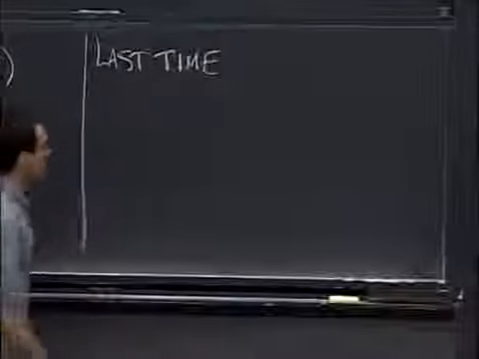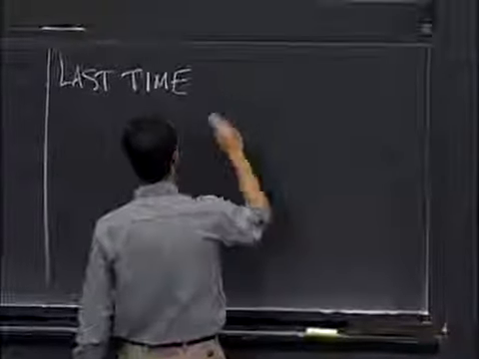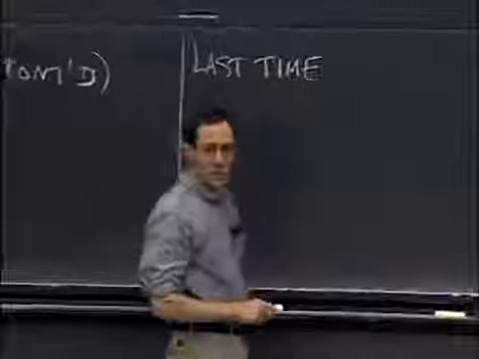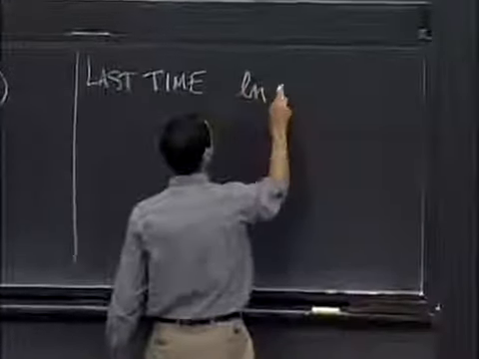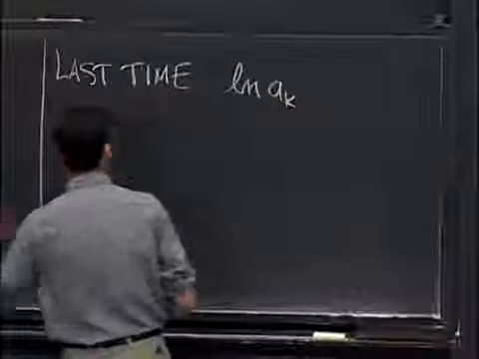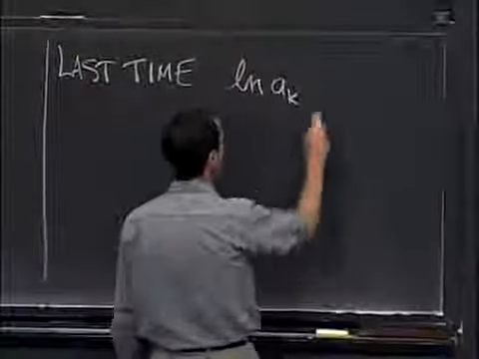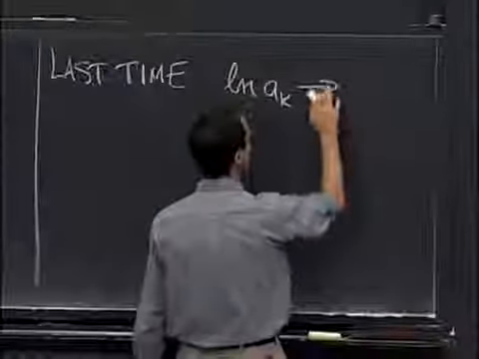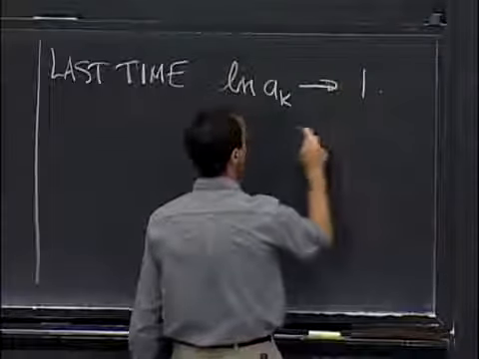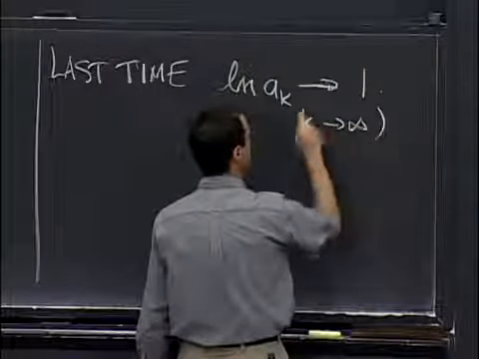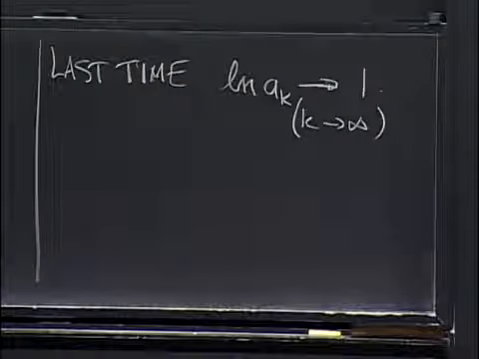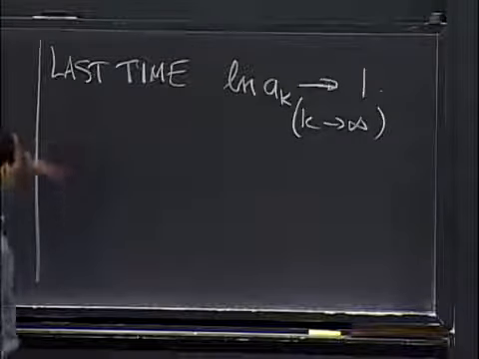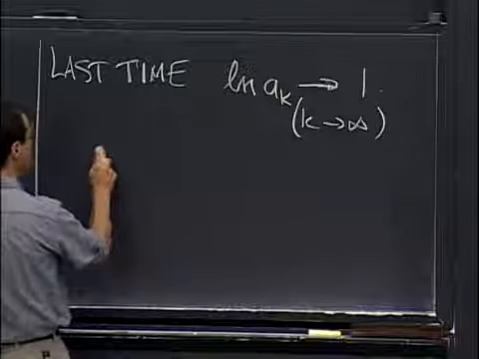So I'll just remind you what we did last time. The first observation was to check, rather than the limit of this function, to take the log first. And this is typically what's done when you have an exponential, when you have an exponent. And what we found was that the limit here was 1 as k goes to infinity. I just wanted to be careful and show you exactly what the next step is.